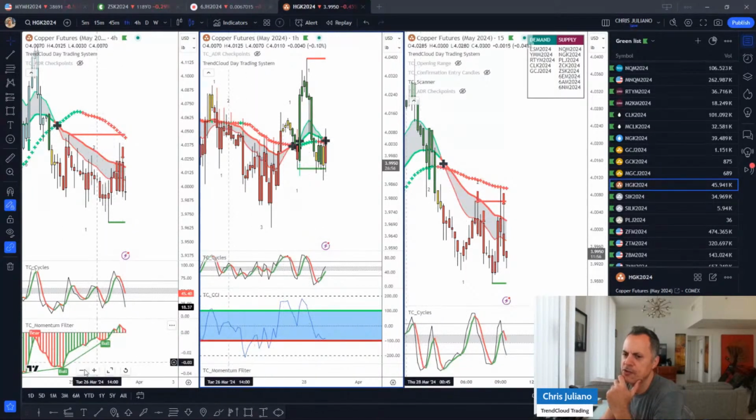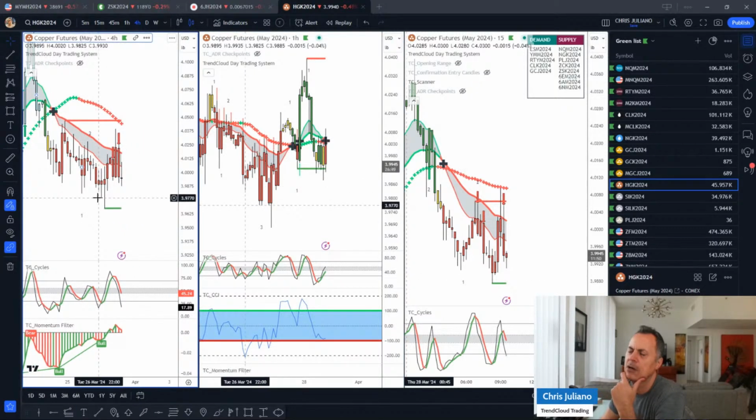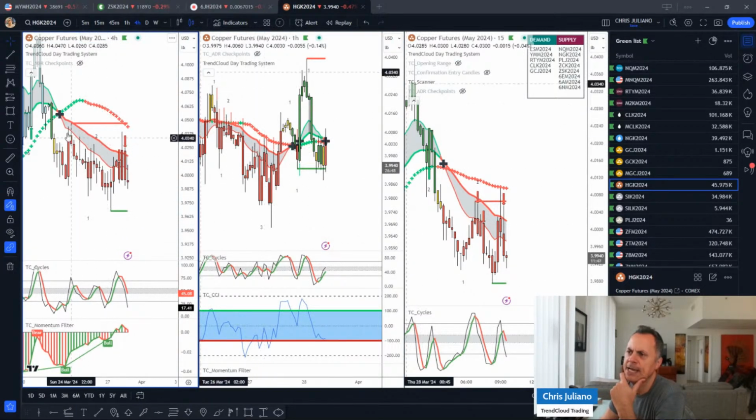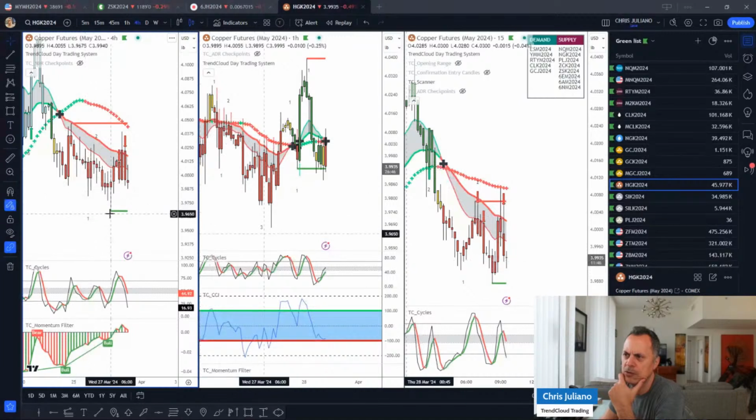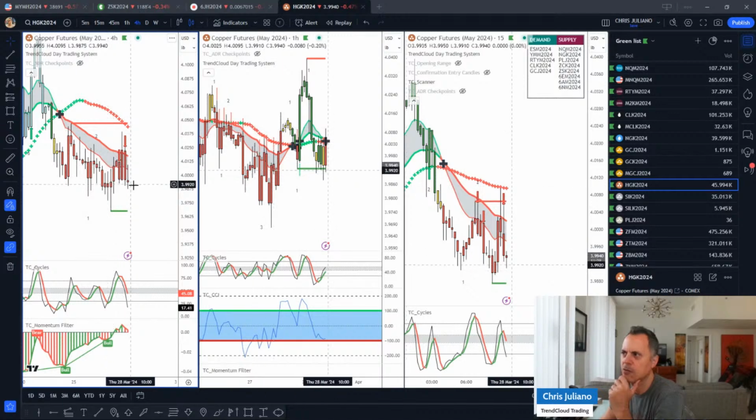We've got some bullish divergence here, on copper, meaning as we are making lower lows and lower highs, look at all that bullish divergence. So this is pulling down as momentum is ripping to the upside here. That's called bullish divergence, or MACD divergence.